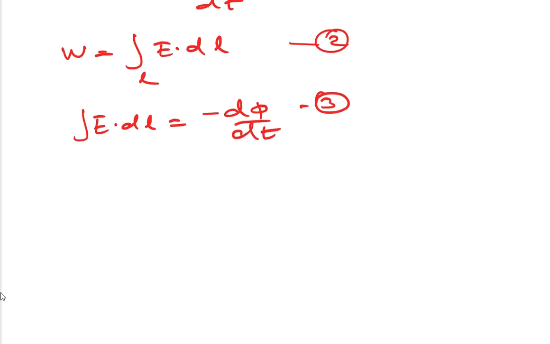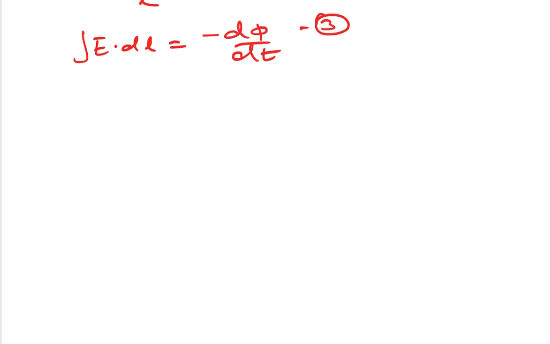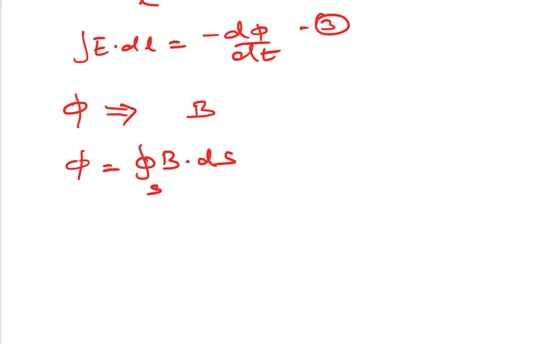Now the magnetic flux phi in magnetostatics, we are going to get this flux of magnetic induction. We can write the relation between these two things: flux is equal to B dot ds over a surface.